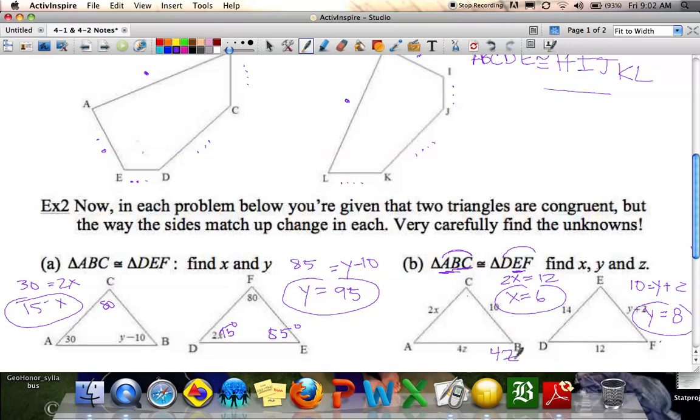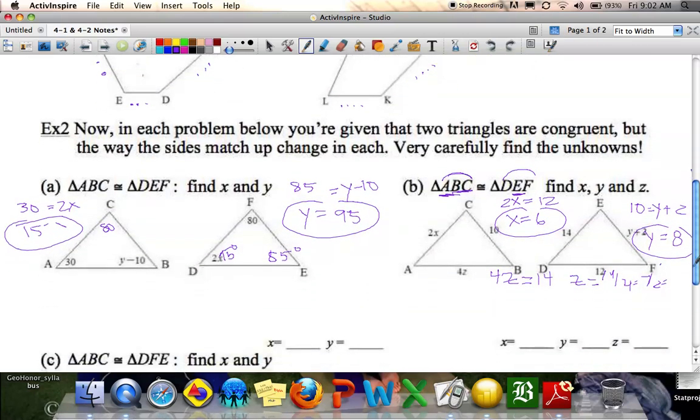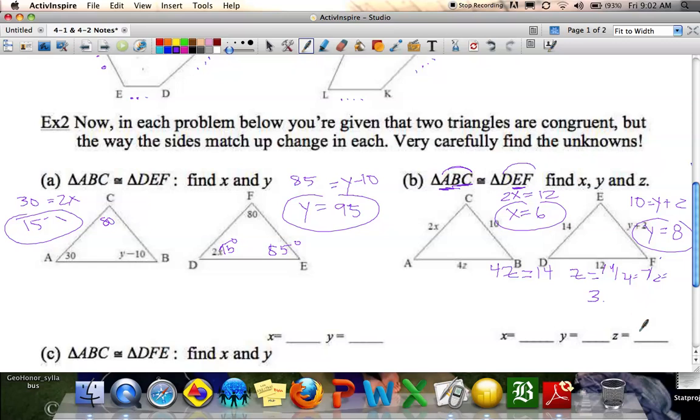So 4z equals 14, or z equals 14 over 4, which is 7/2, which is 3.5. Z is 3.5, y is 8, and x is 6. Okay, any questions? Ask in class.